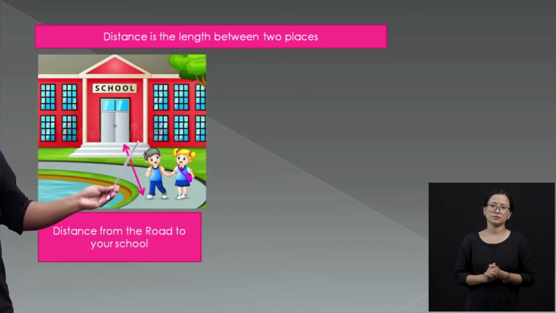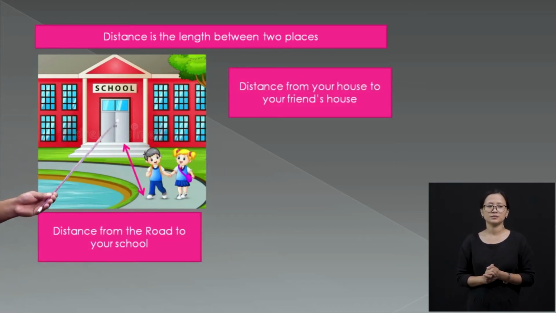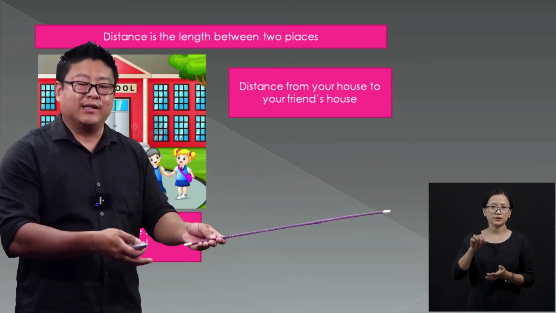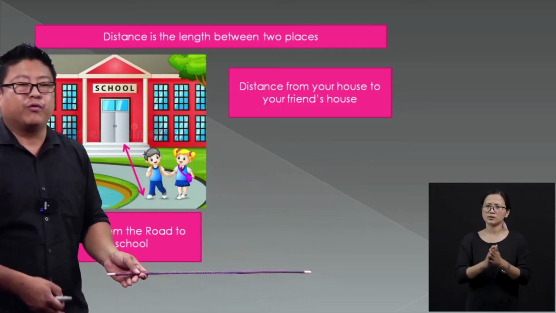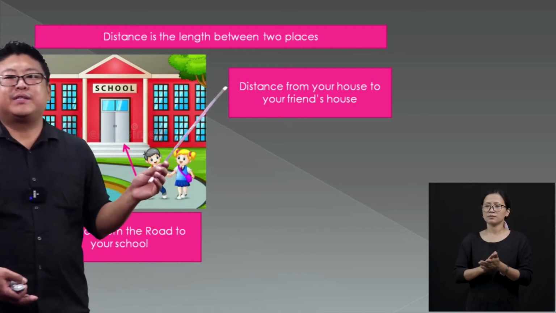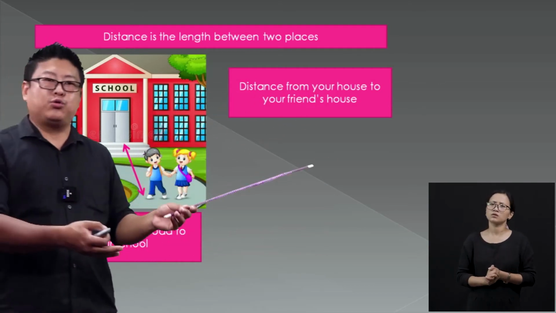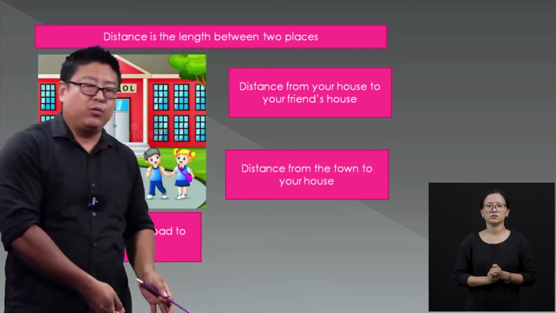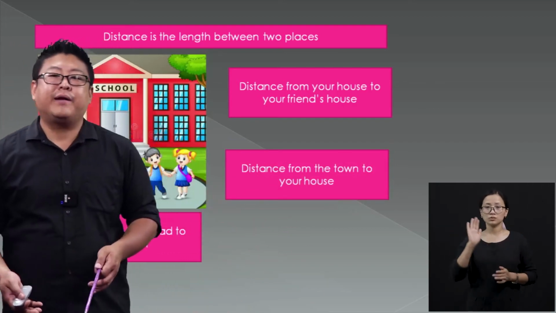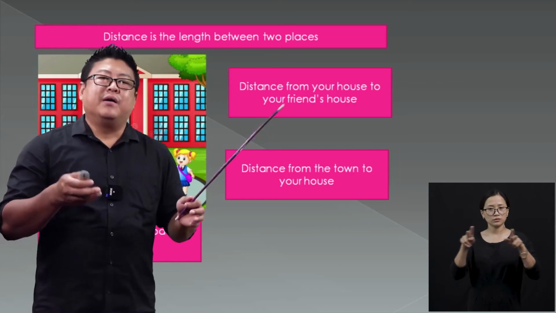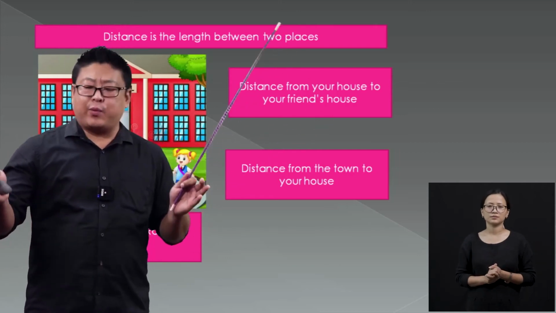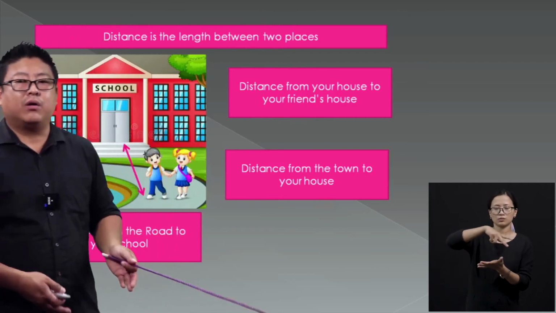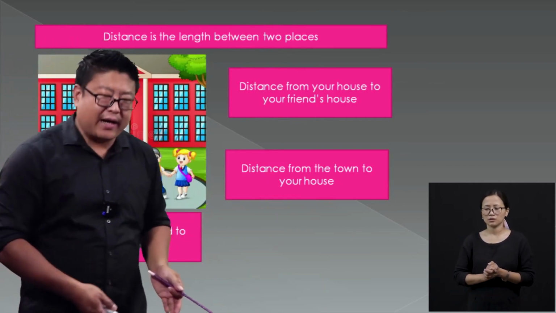So this is something about walking. You walk and you find the distance with your pace or your foot span, all right? So distance can also be from your house to your friend's house. The distance can also be from the town to your house. So these are different things that we can measure through our walking pace, our foot span, and all these things.